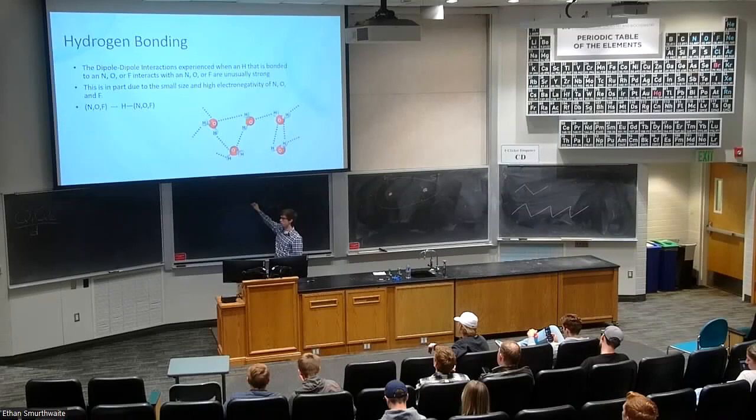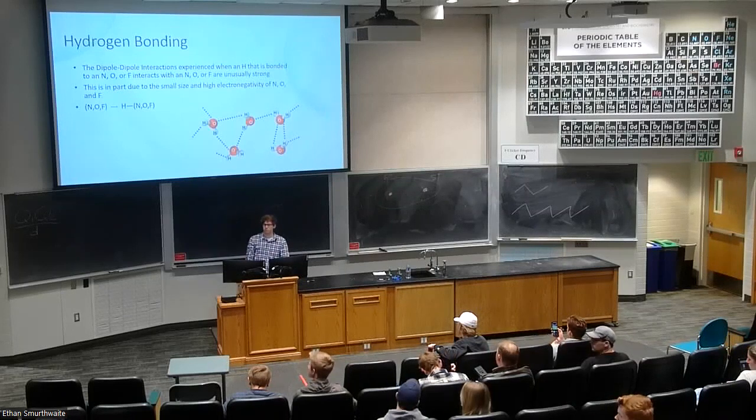Okay, so even though it can hydrogen bond, it's still not gonna be super miscible. Did that answer your question? Of course, the London forces in that case play a bigger role. Yeah, awesome, good. Any other questions about hydrogen bonding?